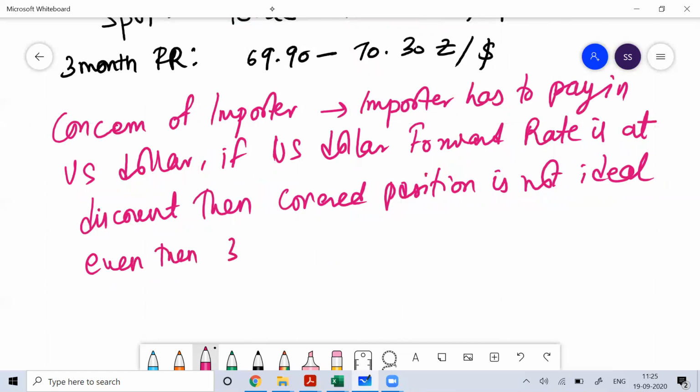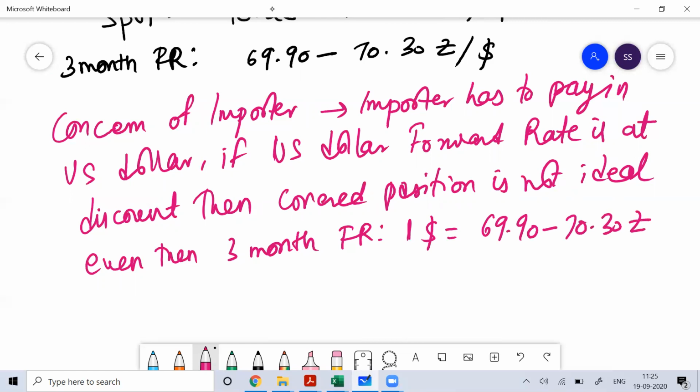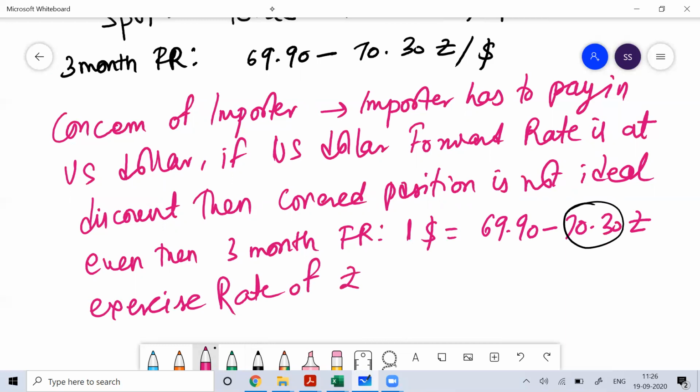Even then, the 3 month forward rate is $1 equal to 69.90 slash 70.30 rupees. So if you want to take a covered position, the exercise rate of the rupee dollar contract will be how much?